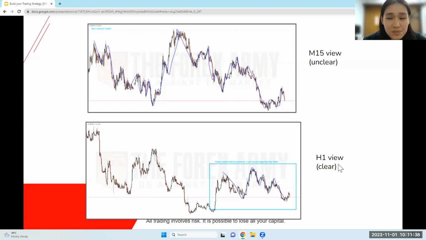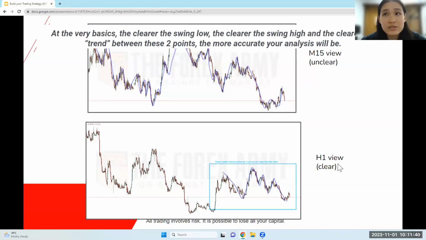There are two criteria here. Firstly, we want to look for a clear swing low or clear swing high. And secondly, we want to look for a clear trend between the starting and ending point. This can be used for support and resistance levels. If you're using pivot points indicators, that works as well, and even your Fibonacci levels.